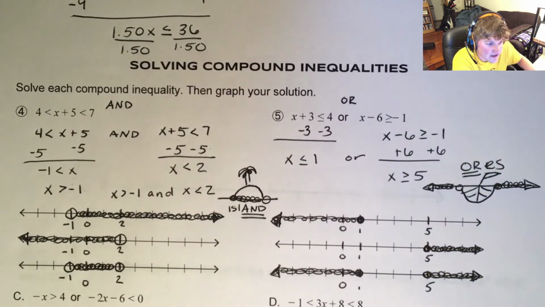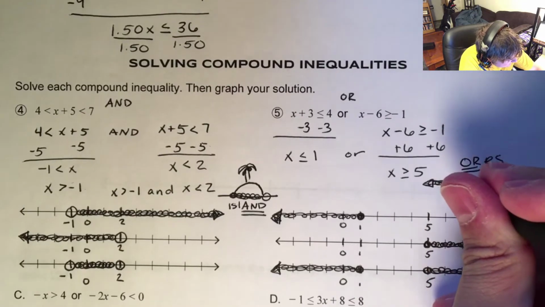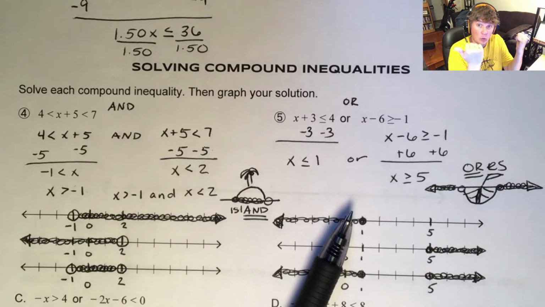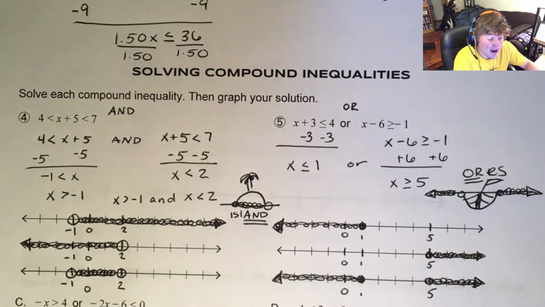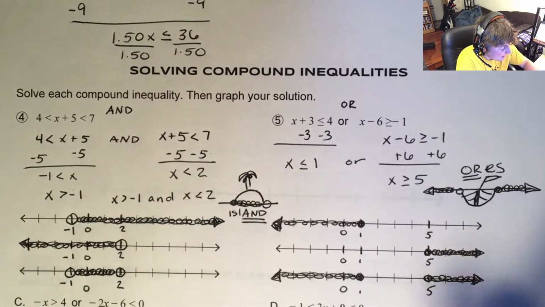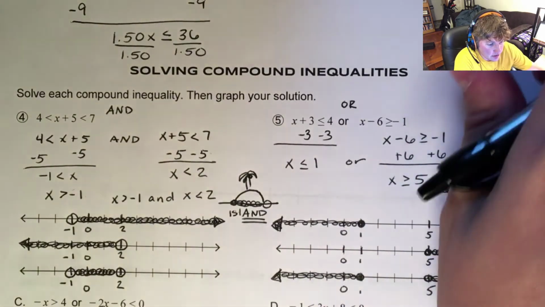I don't know if a boat that has a sail needs oars, but this one does. So my solution set is going to be outward like the oars on a boat, where and inequalities are going to come together to create an island. So just some little tricks that maybe help you remember these. But if you know your principles about and inequalities and or inequalities in general, they will work out. Okay, so what I want you to do is pause the video, try C and D on your own, and check it here in a moment.